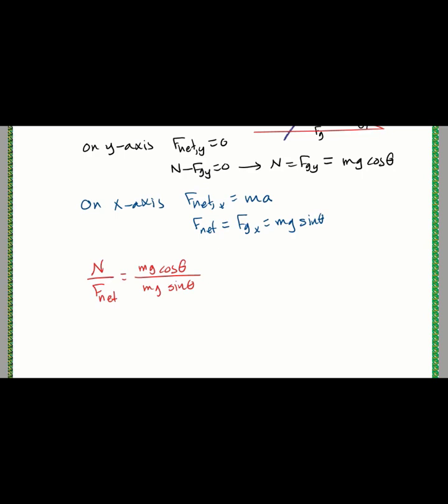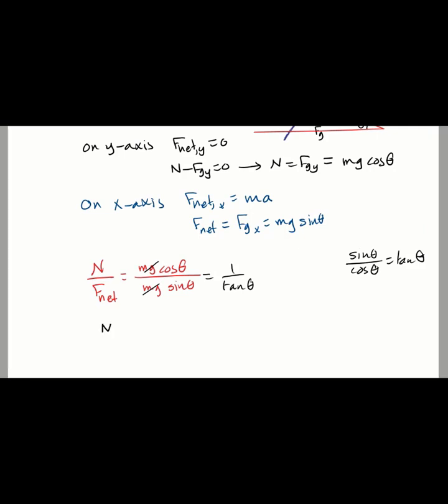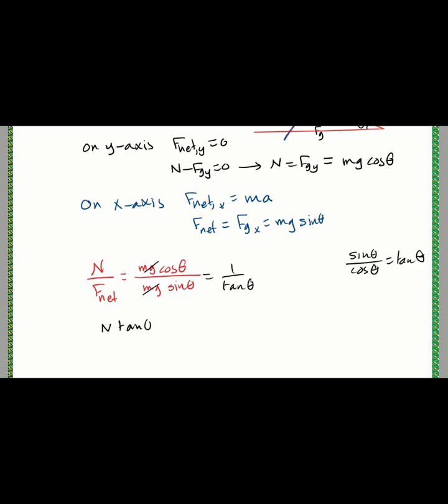You can cancel mg, and you have 1 over tan theta. Sine over cosine equals tan theta. Then if you make cosine theta over sine theta, it should be 1 over tan theta. Now N times tan theta equals Fnet.